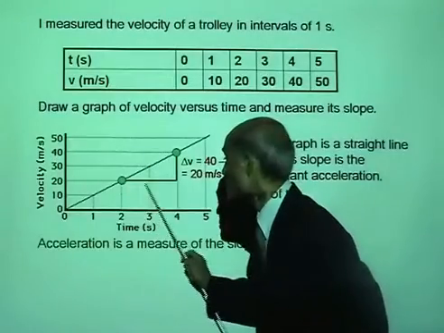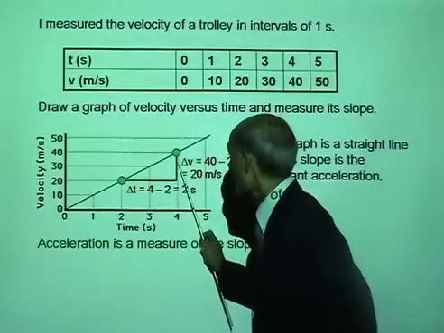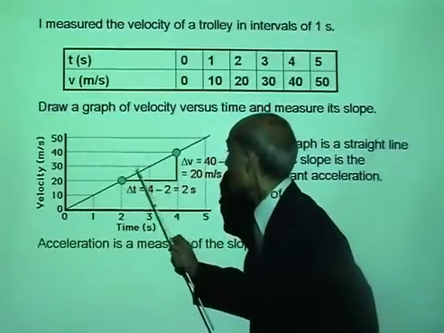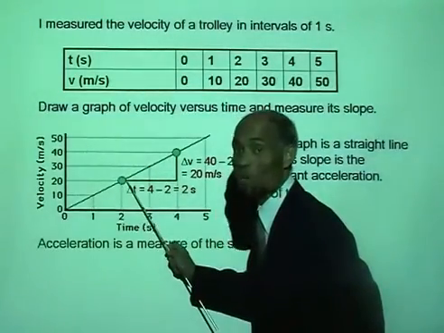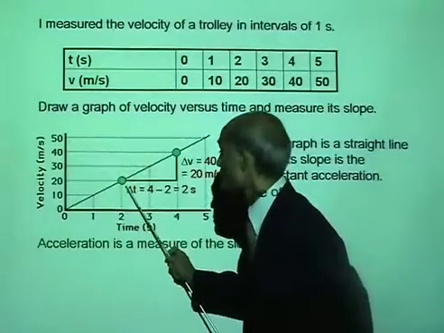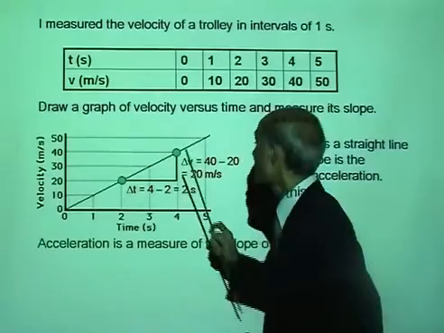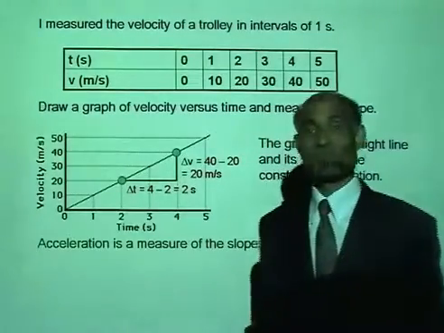Let's find the change in time. Now, the time for the second point is 4 seconds. The time for the first point is 2 seconds. The change in time, delta t, is 4 minus 2 equal to 2 seconds.